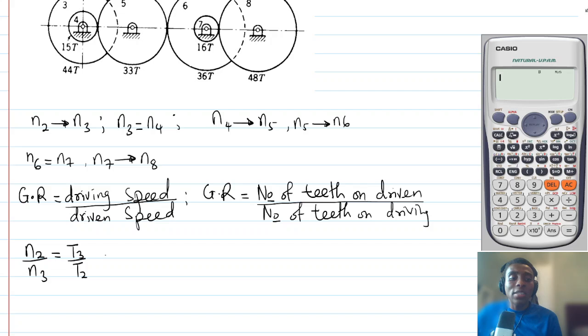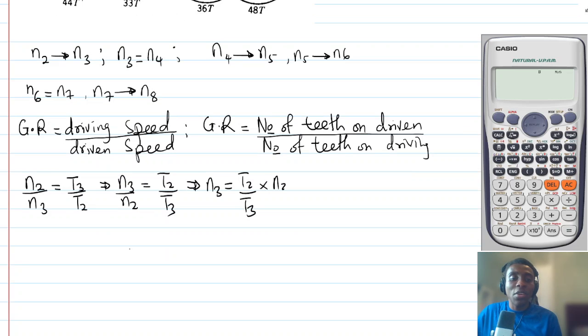Since we are looking for the speed of 3, we just have to rearrange it, so N3 is going to be T2 divided by T3 multiplied by N2.